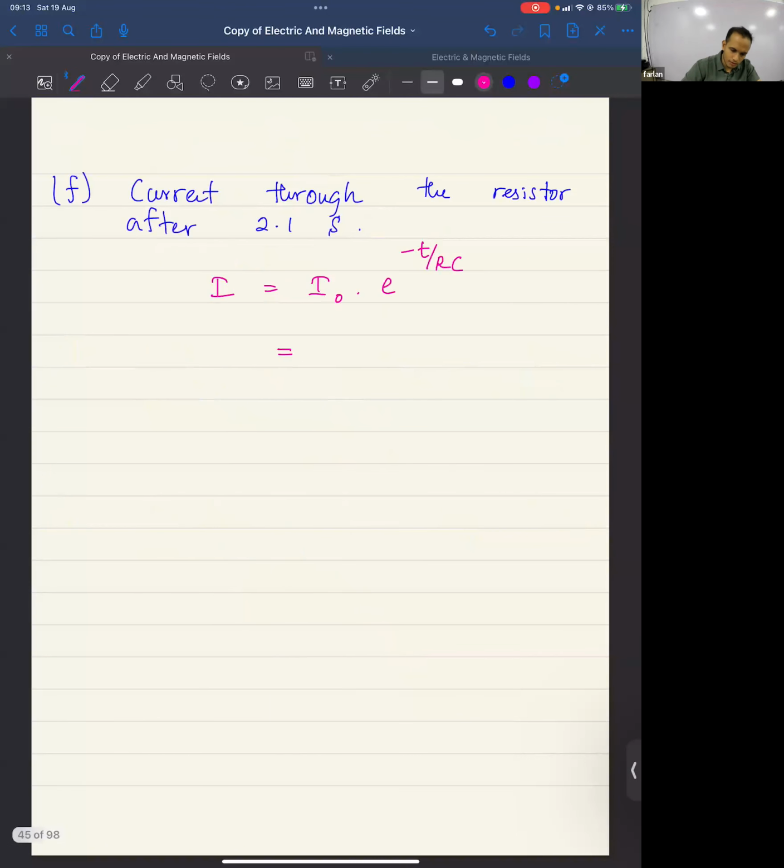Initial current I naught is 0.1 into e to the power minus t, which is 2.1 over R, which is 100, C is 0.2, right? Which is going to be 0.1 into e to the power minus 2.1, 0.035 amperes.